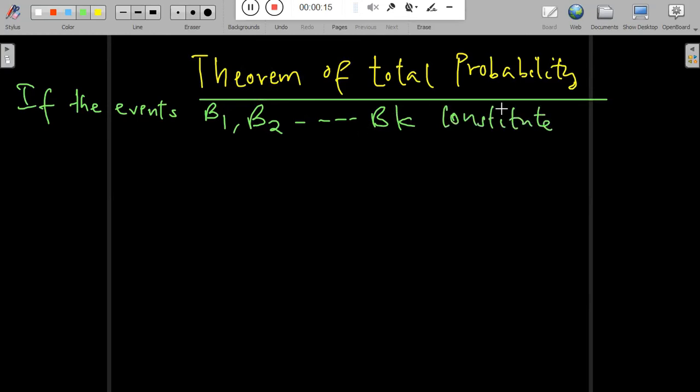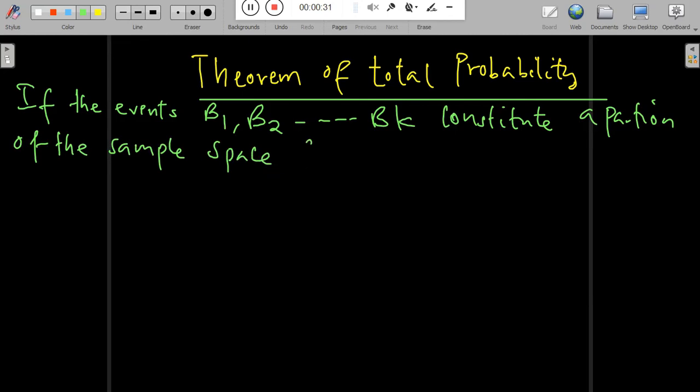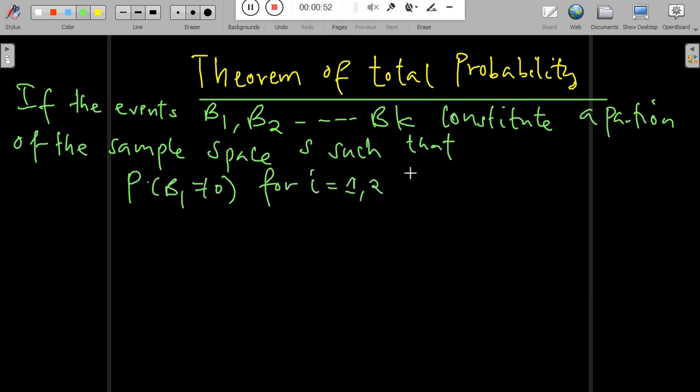Let's consider, for example, if the events B1 and B2 up to Bk constitute a partition of the sample space S, such that the probability of B1 is not equal to 0, and so on for i equal to 1 up to k.